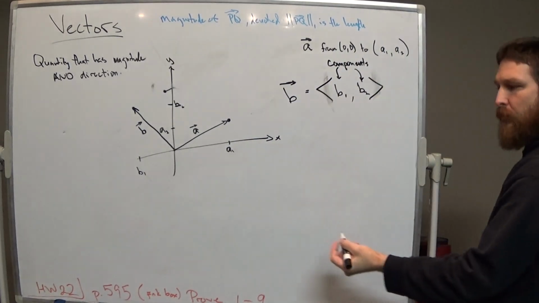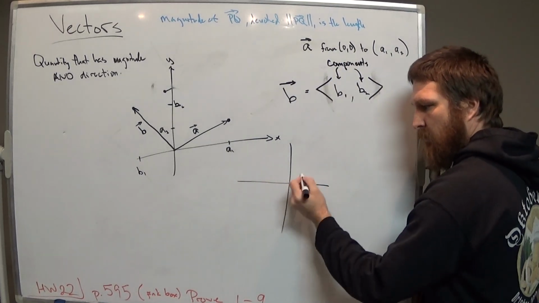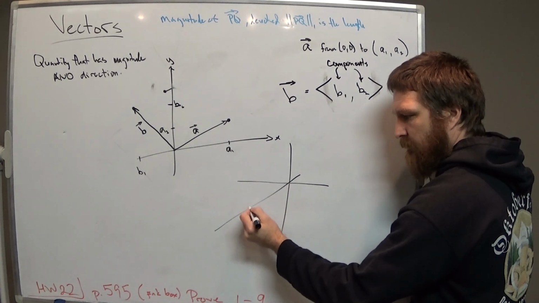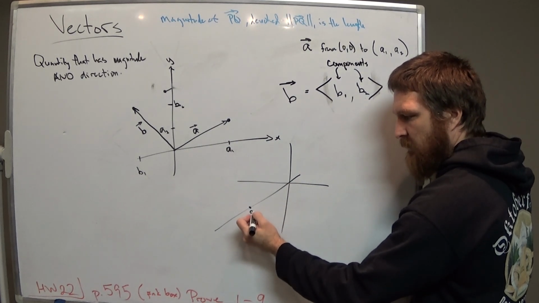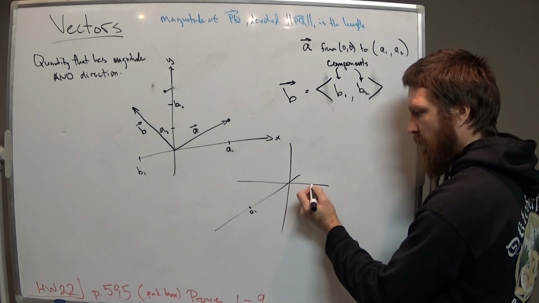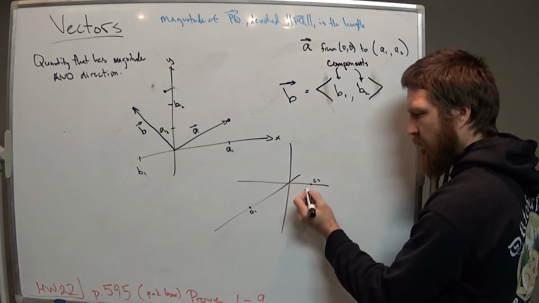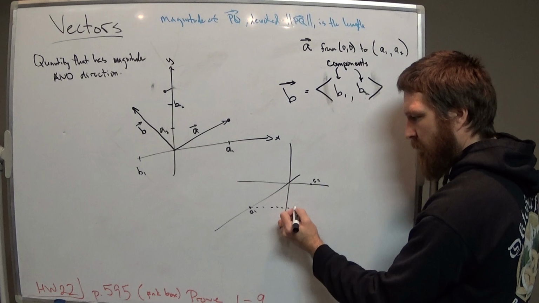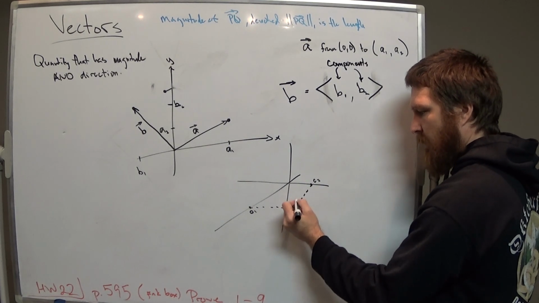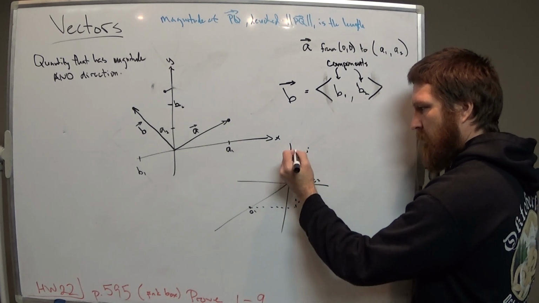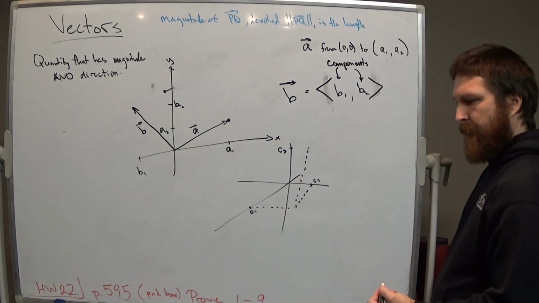And if we were in 3 dimensions, okay, so we'd have some components here. We would have, say, C1, and maybe that's C2, and maybe C3 lives up there.